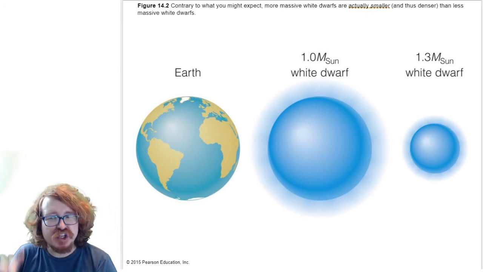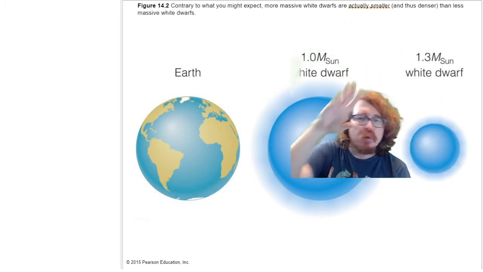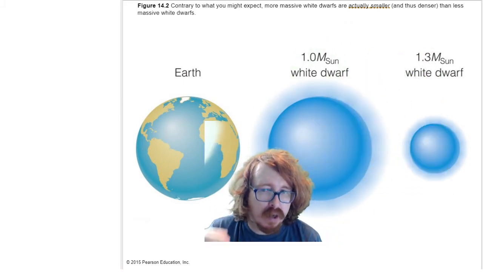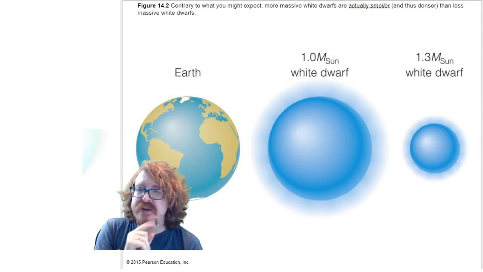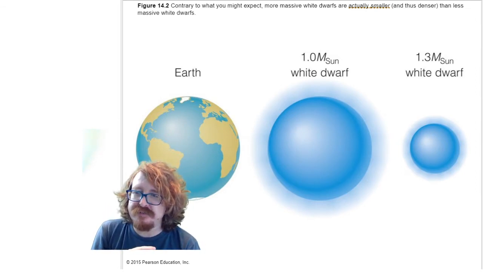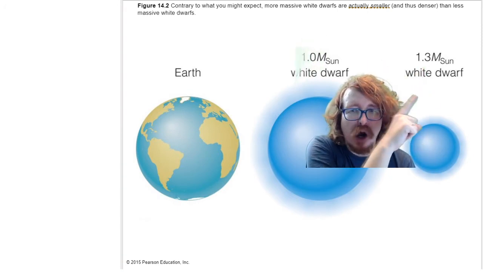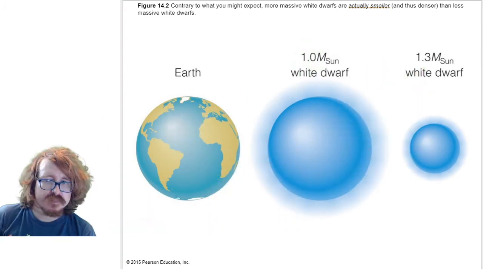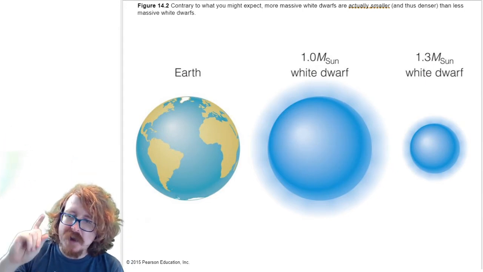Well, okay, check it out. If you get more mass, what do you also get more of? Mass creates what? If this one has more mass, what does it also have more of? Gravity.